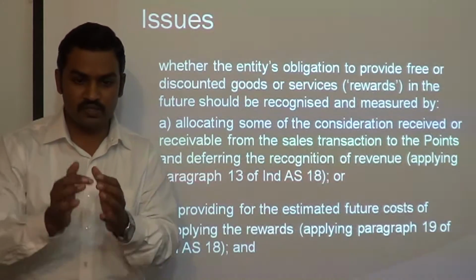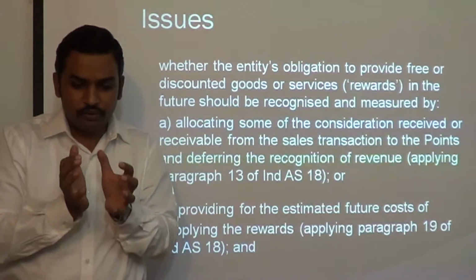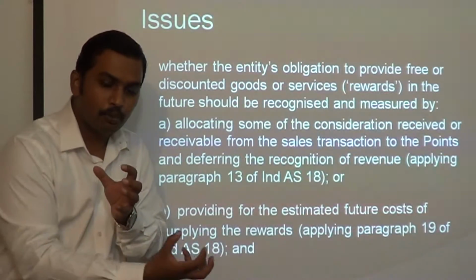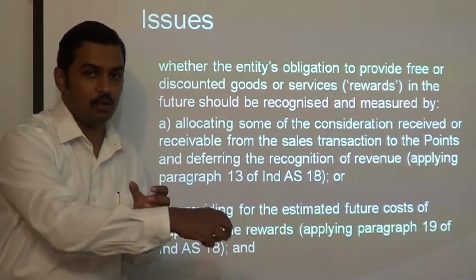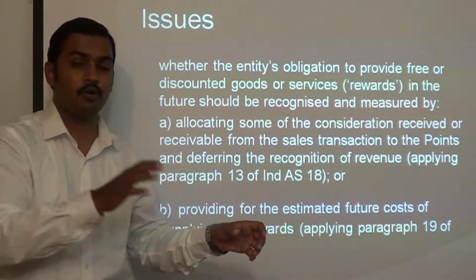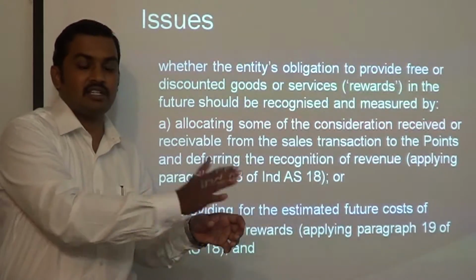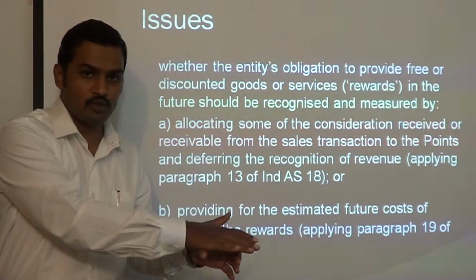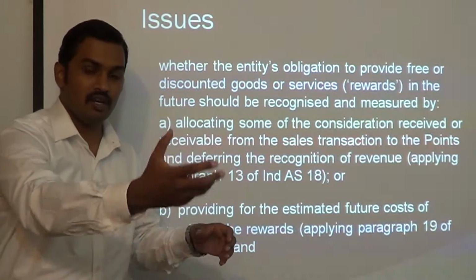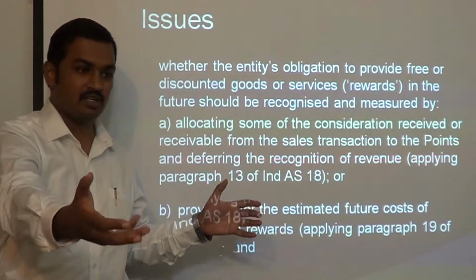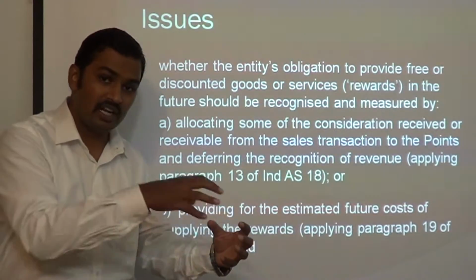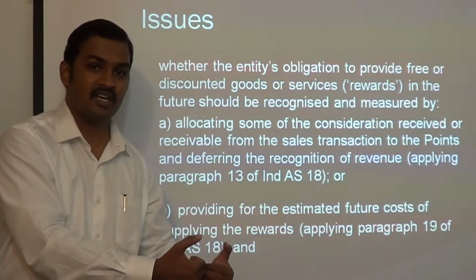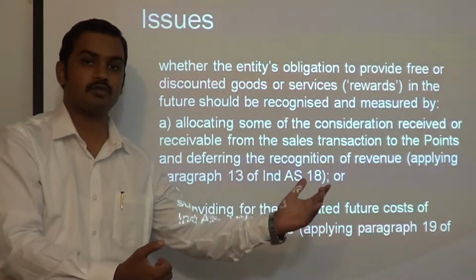So when the sale takes place, out of the total consideration, allocate a portion to the points granted based on their fair value. In future, when the points are redeemed by the customer in exchange for goods and services, the fair value which has been allocated to these points can be recognized as revenue, and the related cost will be booked.